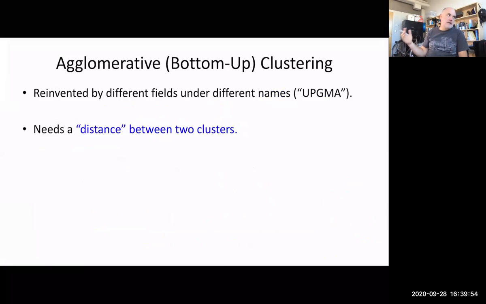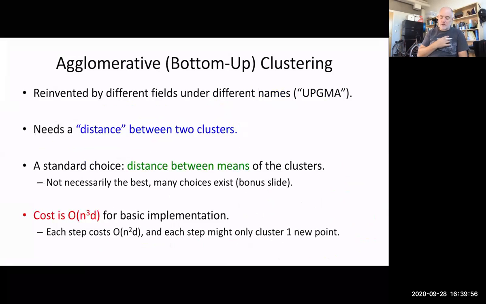So we get a large number of clusterings as we split along vertical dimensions of the tree. Obviously, agglomerative clustering needs a distance between two clusters, and a standard choice is some notion of distance between the means of the clusters. It's not necessarily the best. We have notions of norms, we have different notions of means, so there's lots of ways to think about this. You can look in the bonus slides for them, or look up various agglomerative clustering algorithms in the literature.